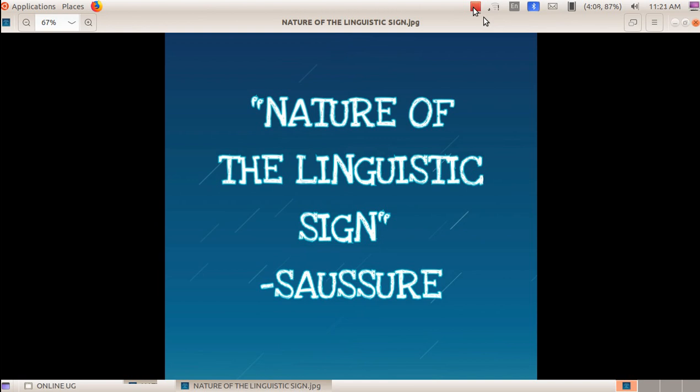In that regard, we attached the first essay, the preface to Lyrical Ballads, with romantic criticism, as a movement or as a theory, and we try to discuss the essays in the context of such theories. The second one is Saussure's Nature of the Linguistic Sign. That is the name of the essay.